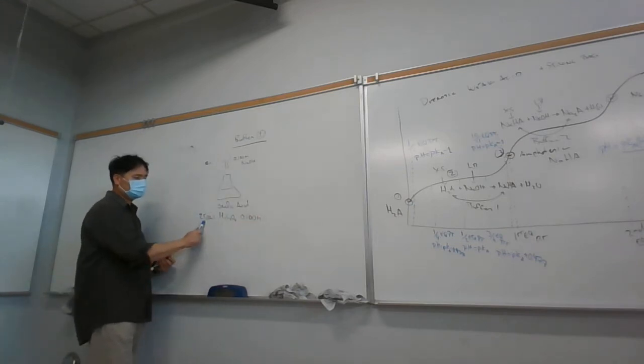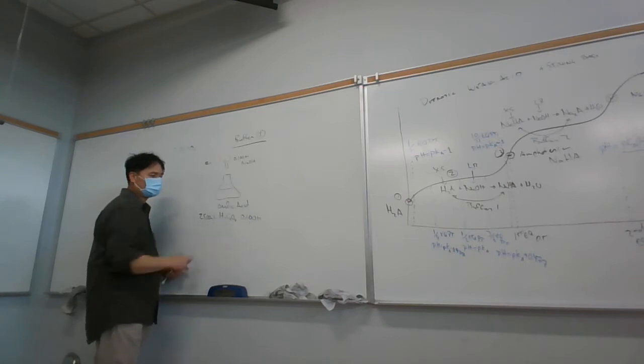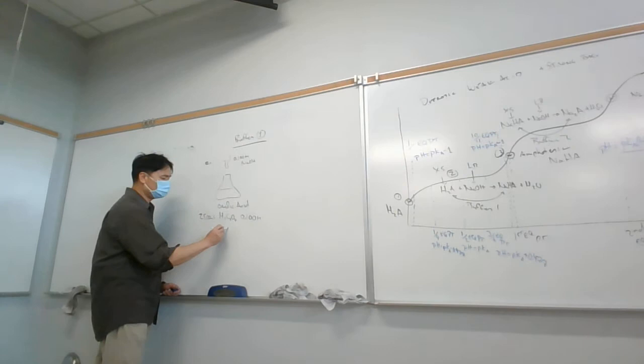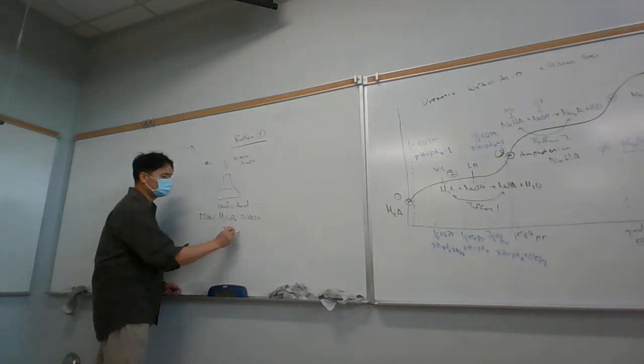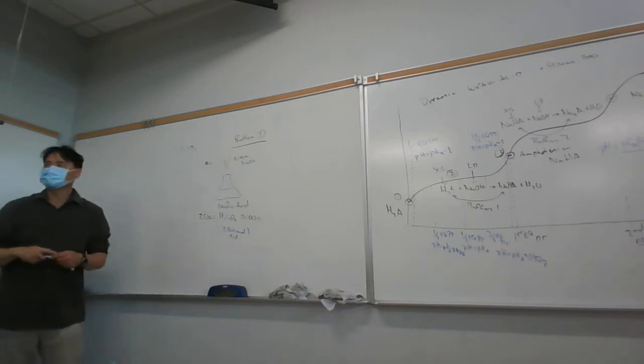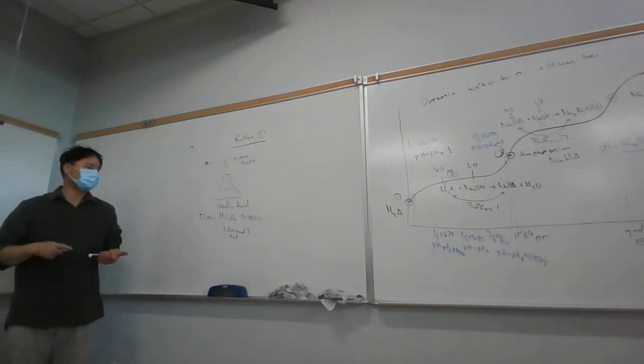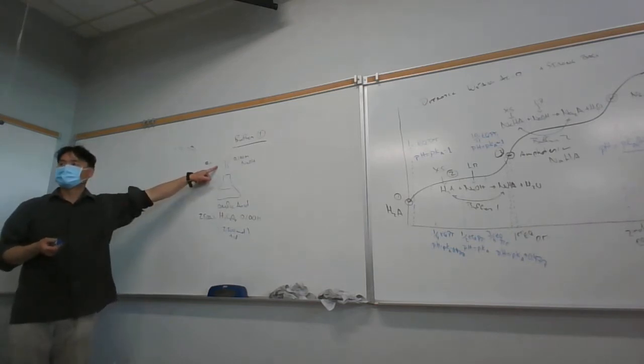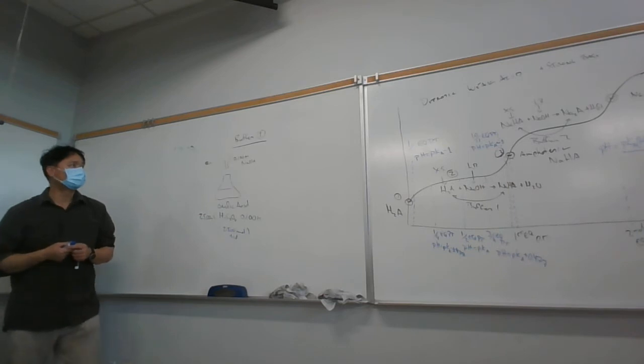If I take milliliters times molarity, I get millimoles. So 25 times 0.1 gives me 2.500 millimoles of acid. To hit the first equivalence point, I'm going to need 2.500 millimoles of base.